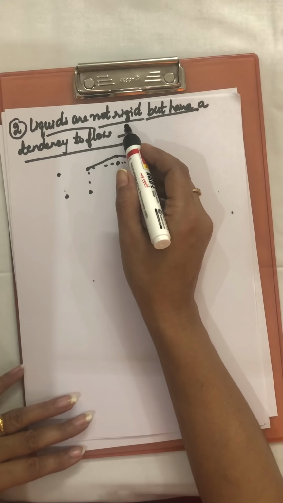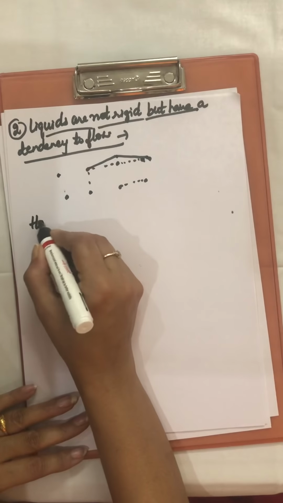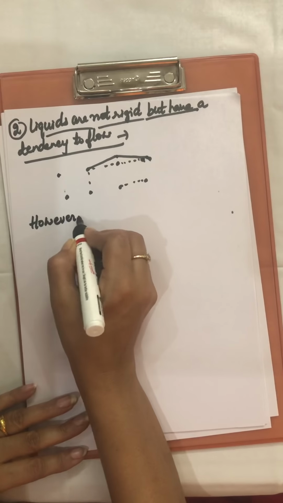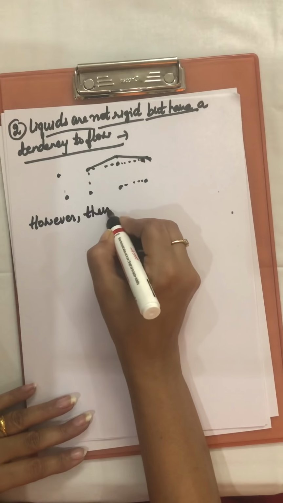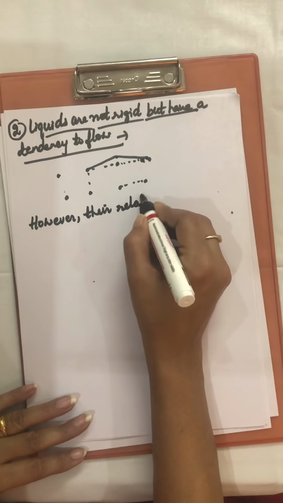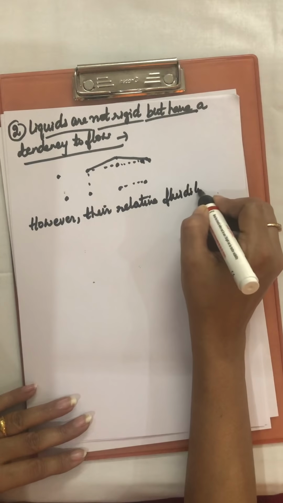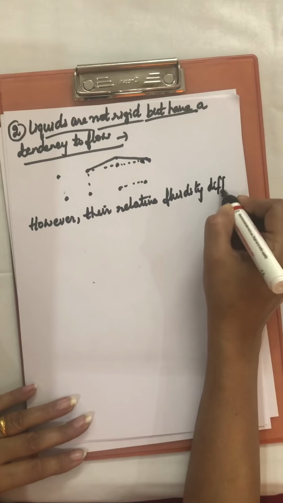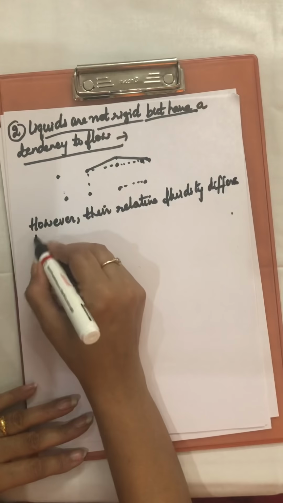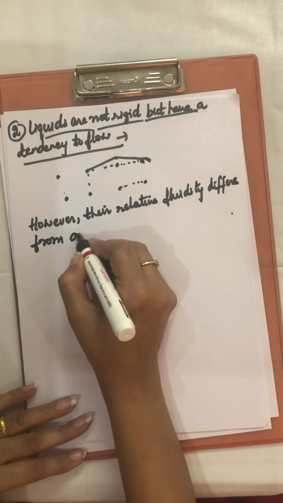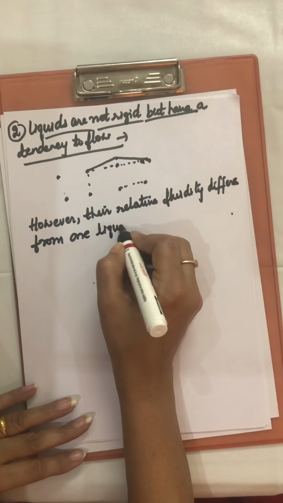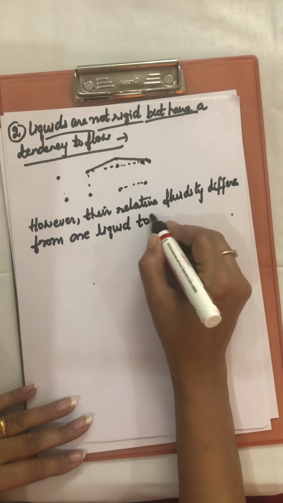Liquids are not rigid. However, their relative fluidity differs from one liquid to the other.